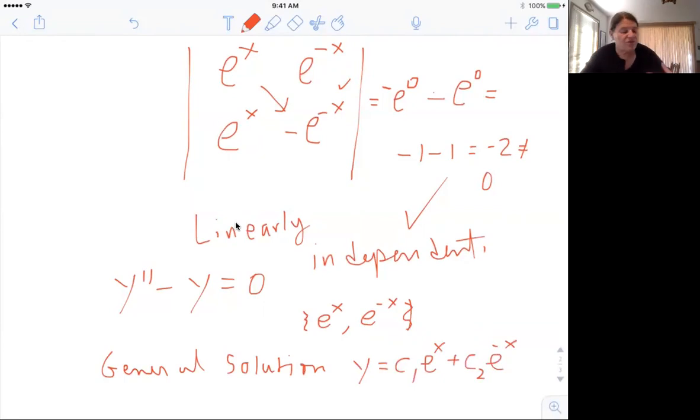Now, in answer to Haley's question from earlier about the C1 and C2, you get it back here, because a solution could be any linear combination of those two. So you're getting it back right here.